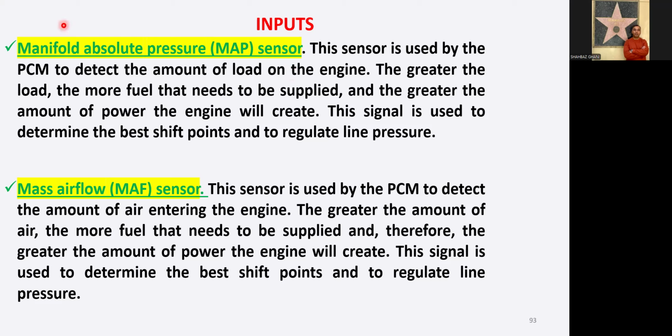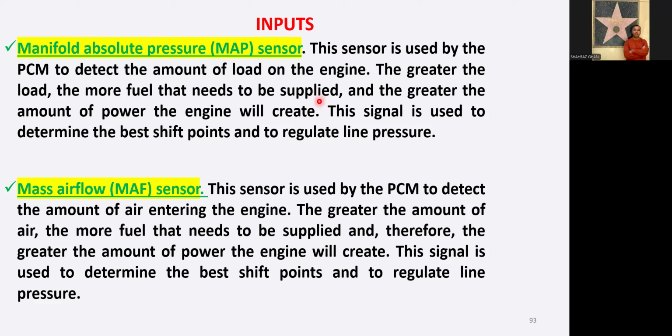So the manifold absolute pressure sensor, the MAP sensor. This sensor is used by the powertrain control module to detect the amount of load on the engine. The greater the load, the more fuel that needs to be supplied.